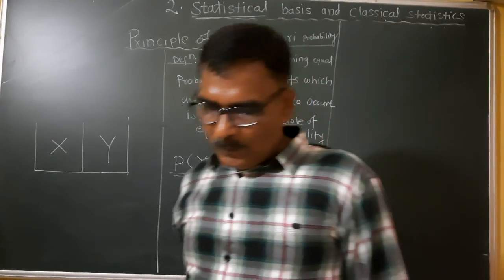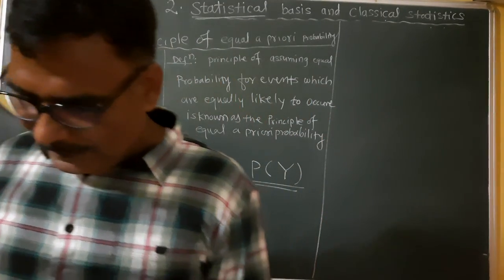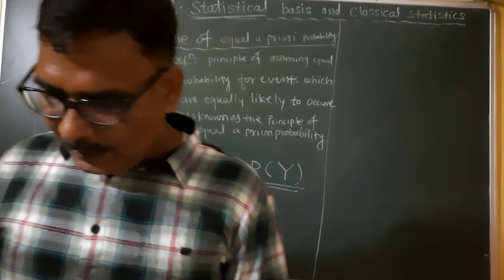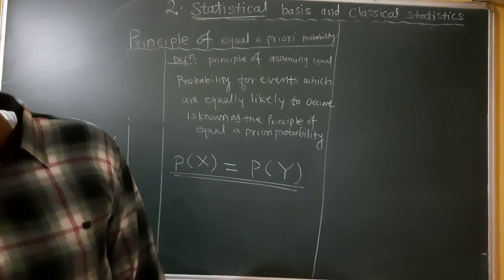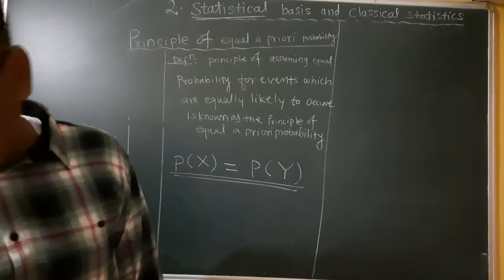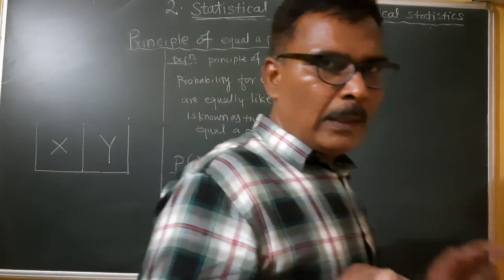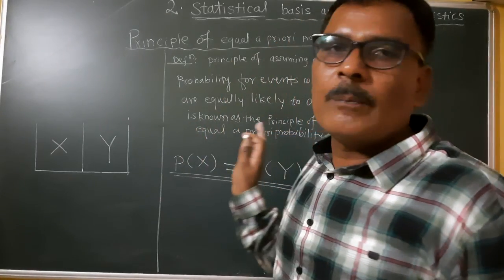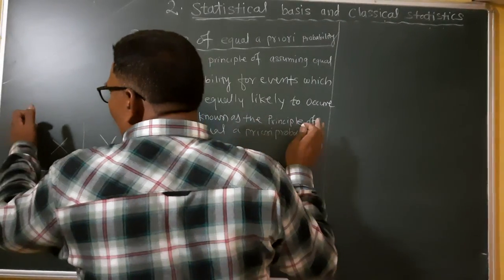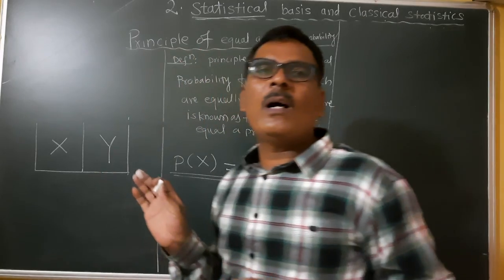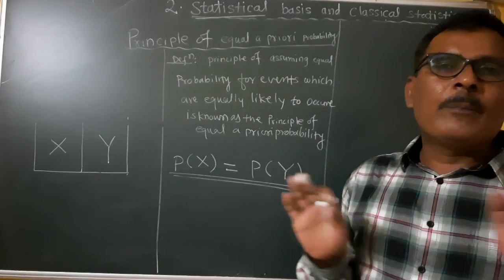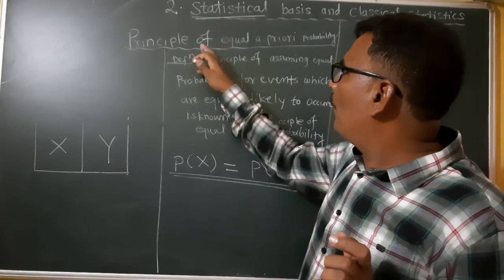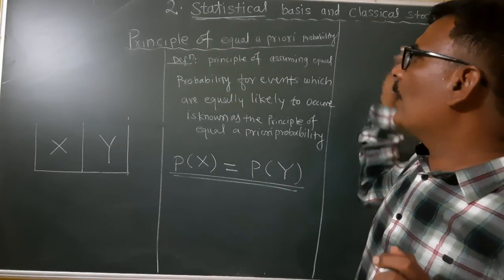But if the two compartments are unequal, this will not hold good. If the compartment sizes are equal, then it is possible. But if one compartment is very large and the other is very small, it may not hold good. This is the condition of the principle of equal a priori probability.